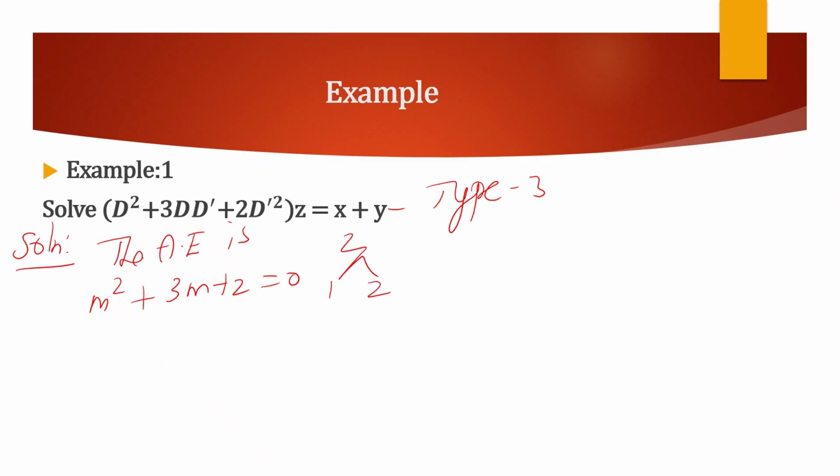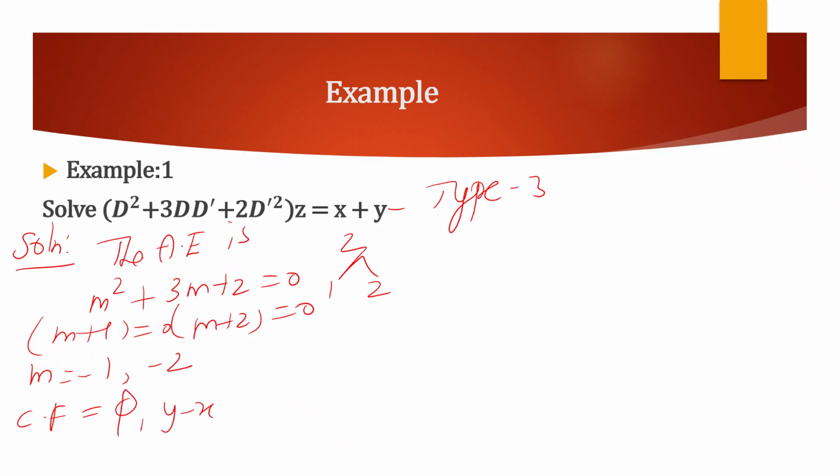It is m plus 1 is equal to 0 and m plus 2 is equal to 0, and so the roots are m is equal to minus 1 and minus 2. So for this case, the complementary function is written as phi 1 of y minus m1 x, that is y minus x, plus phi 2 of y minus 2x. So this is our complementary function.